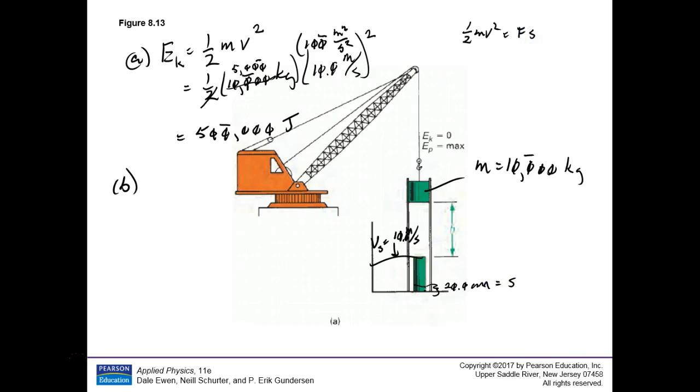That's 500,000 joules. And we know the S is in centimeters. What's wrong with this picture? Our units. Meters everywhere, but down here, centimeters.